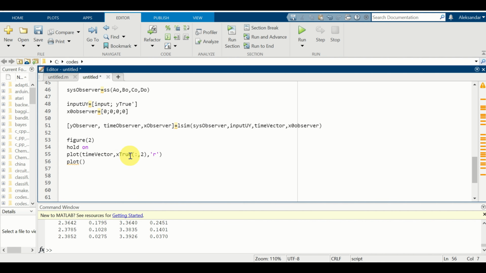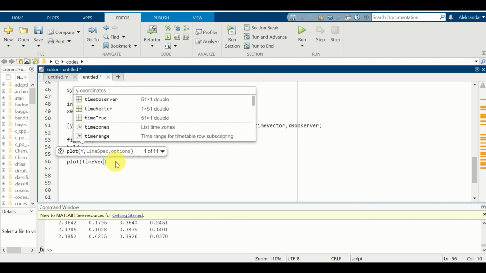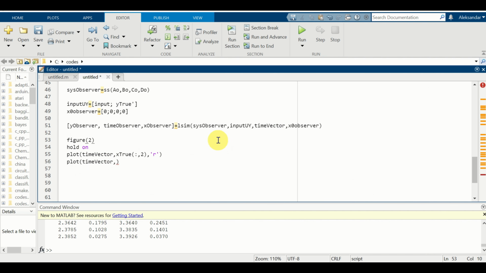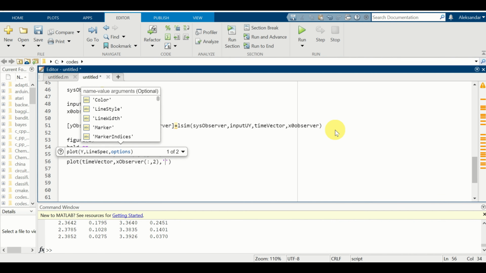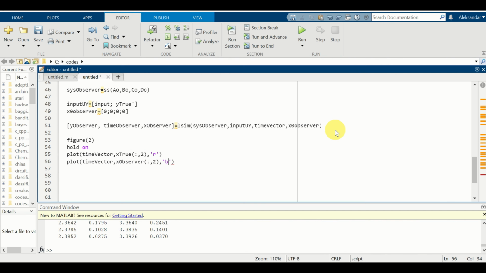This is the true state sequence number 2. That is x2 of our system. Let's look into the state of the observer. Again, here we need time vector. Then over here, we need to specify the state of the observer. Let's select the corresponding state. And let's select the color to be blue. Okay, and that's it. Let's see the result.